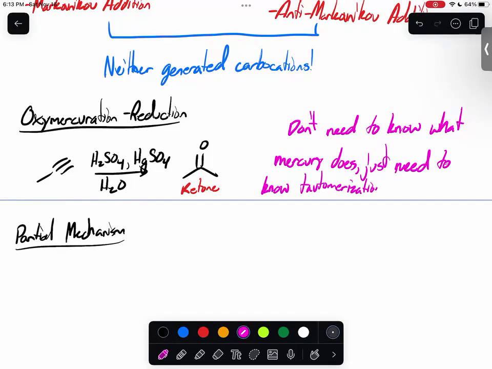All right, so just like we saw in the other oxymercuration reduction, we don't need to know the entire mechanism for the exam. So what does the mercury do?